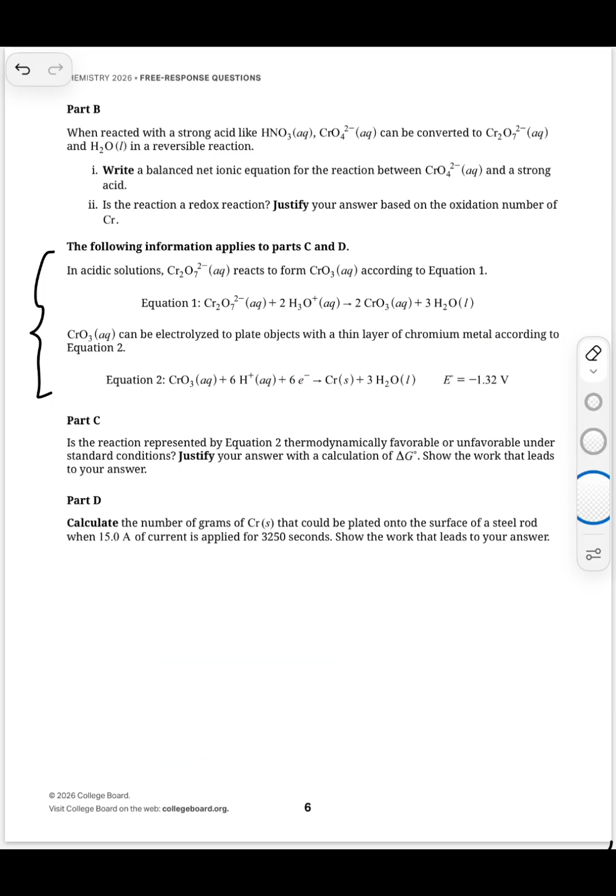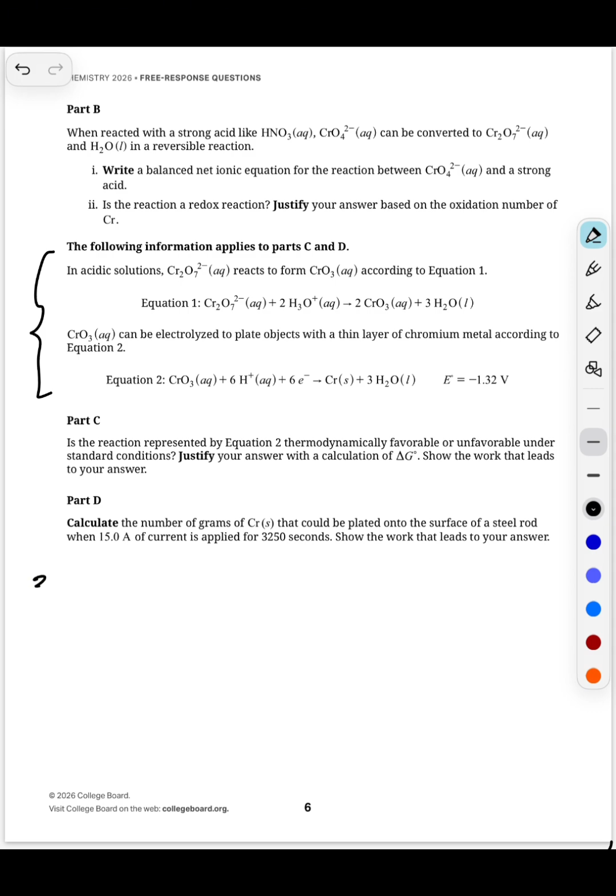For part D, they want us to calculate the number of grams of chromium solid that could be plated onto the surface of a steel rod when 15.0 amperes of current is applied for 3,250 seconds, and then show the work that leads to this answer. So we're going to start with seconds, and work our way from left to right to cancel out the units, so we finally end up with grams of the chromium solid.